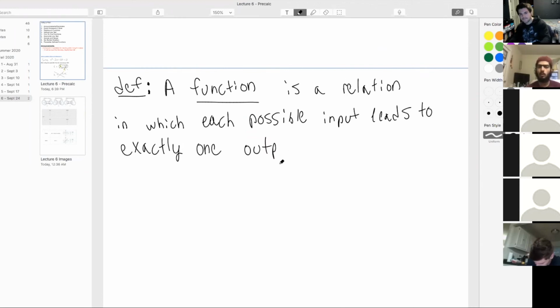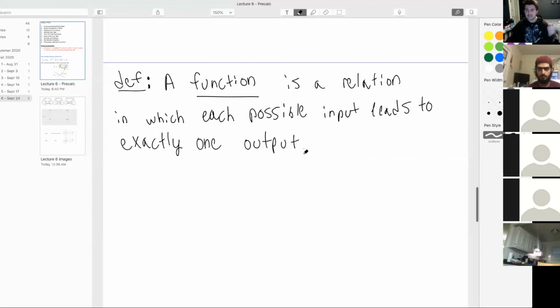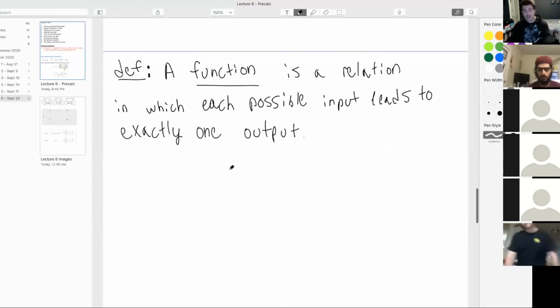So it's sort of like an equation. Yes, I think so. Essentially, one input cannot have two outputs. That would violate the definition of a function. We're going to see some examples that are functions and that are not. Functions can be defined in equation form, which we'll do later.